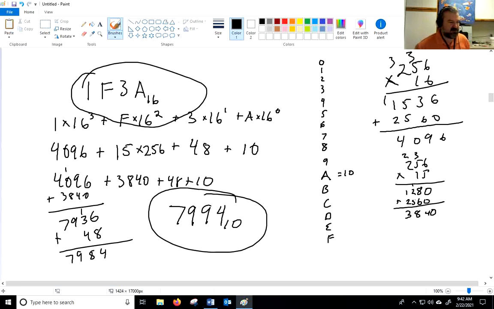All right. So that is converting numbers from one base to base 10. Obviously, when you do the conversion and you're already in base 10, it just takes you right back to the number.